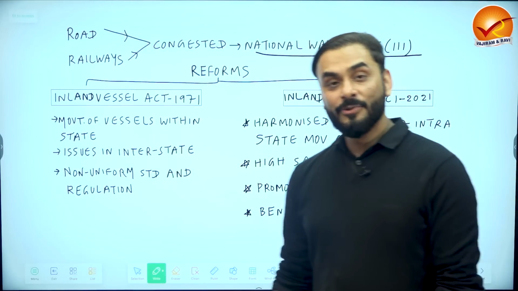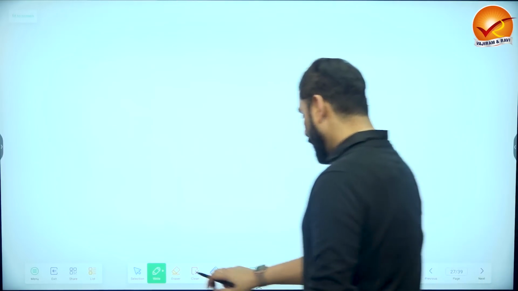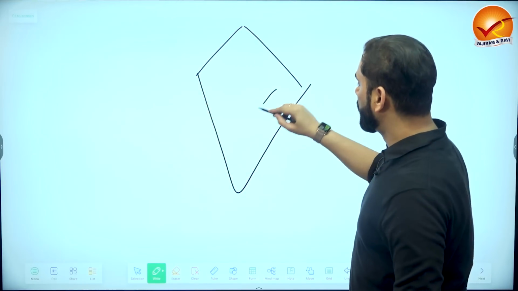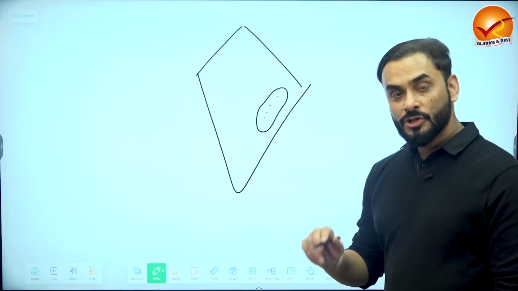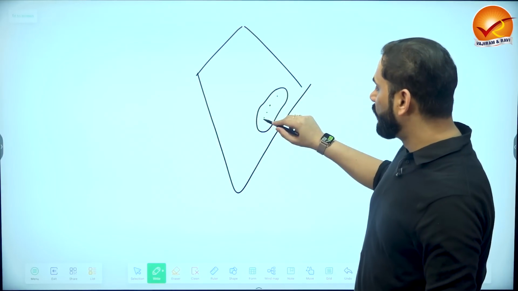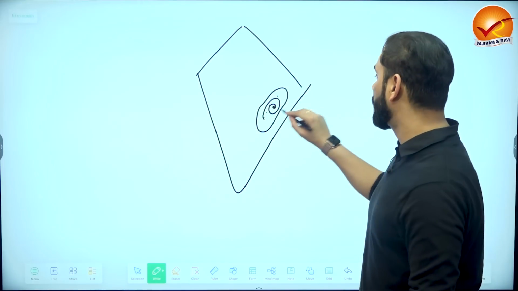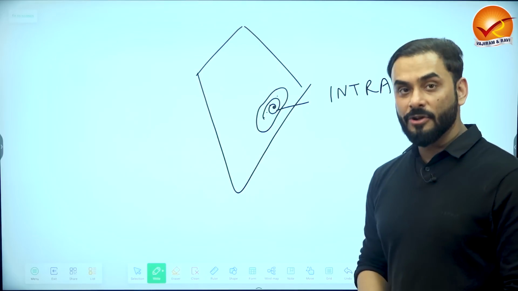Now, let us look at some of the reforms related to it. See guys, let me show you one picture. So suppose this is India and suppose this is a state and suppose there is a river. When a ship moves within a state, it is called intra-state movement of ships.